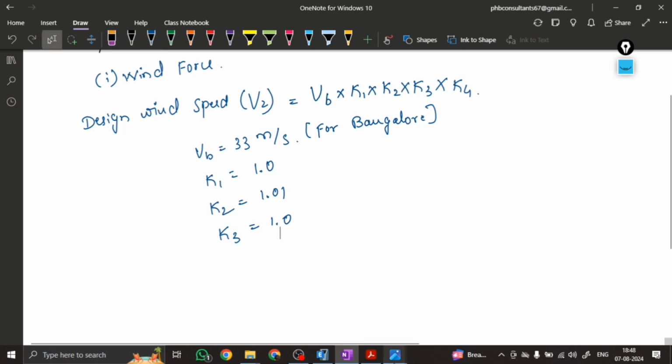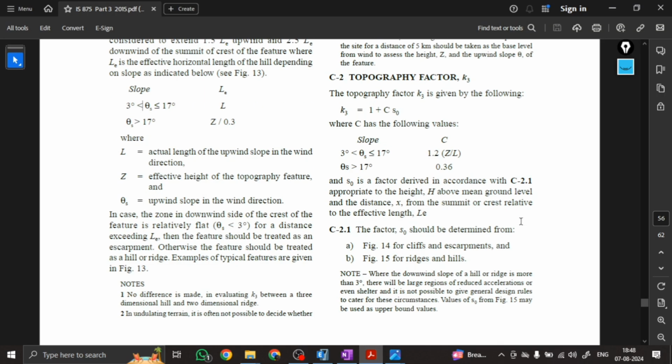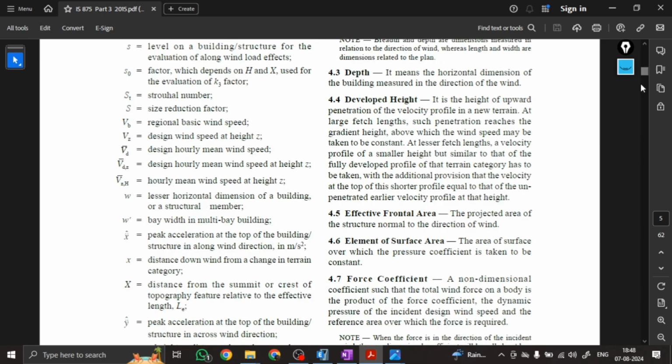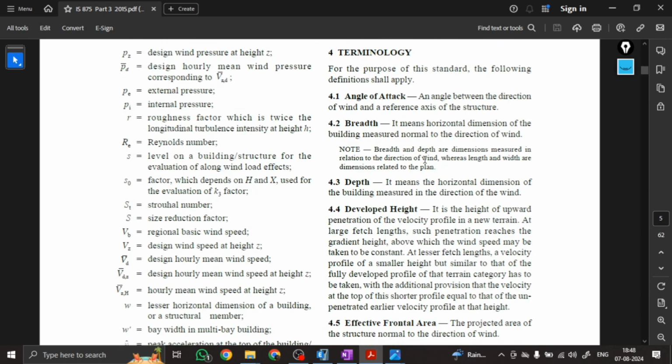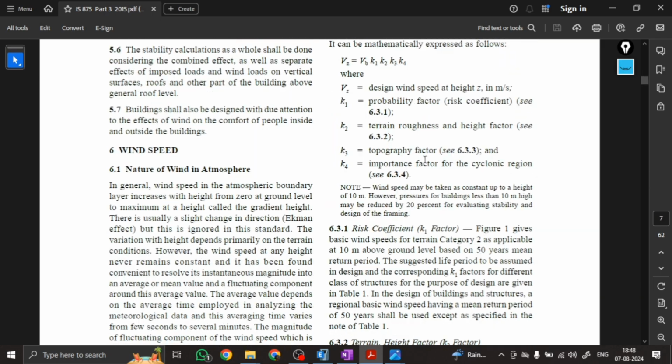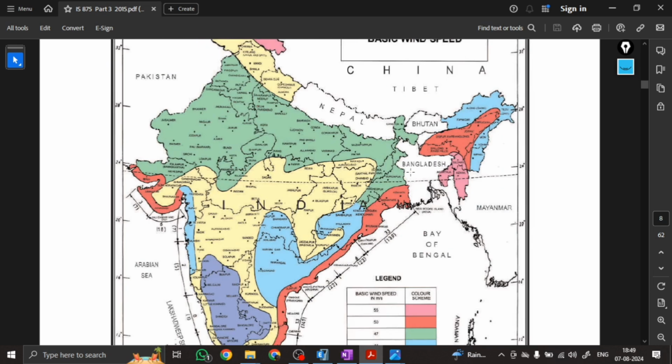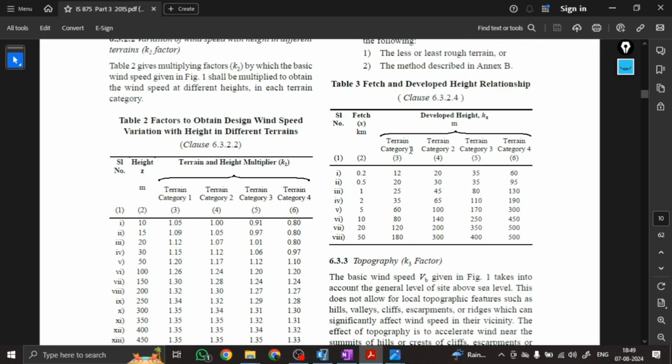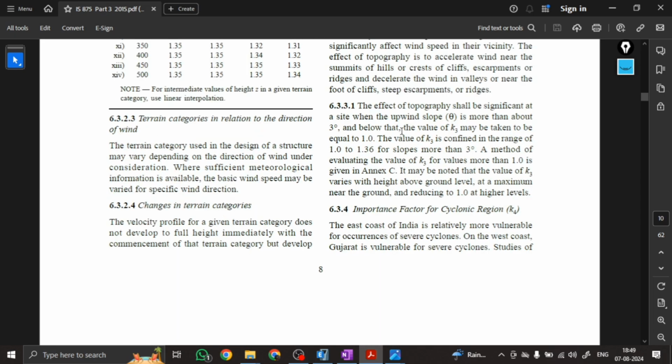Now k4. K4 means importance factor for the cyclonic region, clause 6.3.4. Here it is 6.3, importance factor for cyclonic region K4. The east coast of India is relatively more vulnerable for occurrences of severe cyclones.